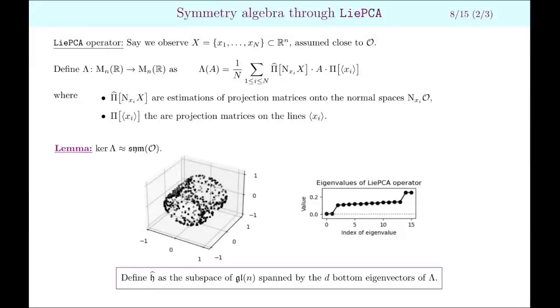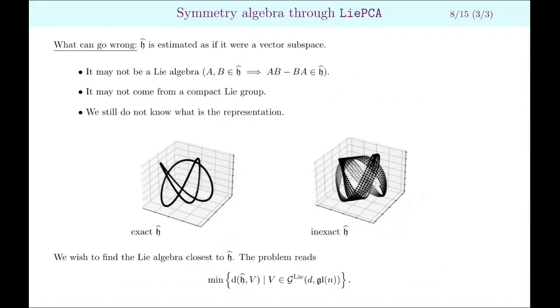It may not be true that the bracket of elements is still in this space. And this is a problem because ultimately we would like to exponentiate this Lie algebra and reconstruct the orbits. But small discrepancies at the level of the Lie algebra after exponentiation will create huge errors.